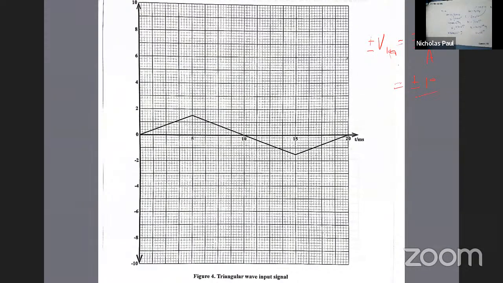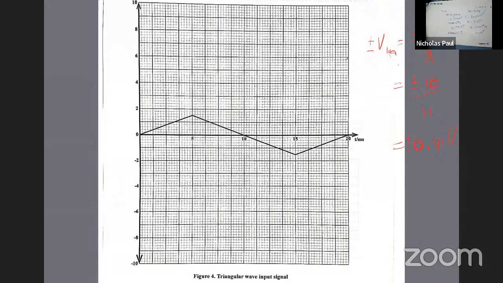How much is that? 10 divided by 11, so 0.91 volts, but plus and minus. So any value bigger than plus or minus 0.91 volts will cause saturation.